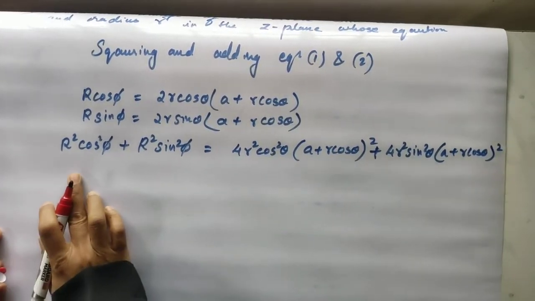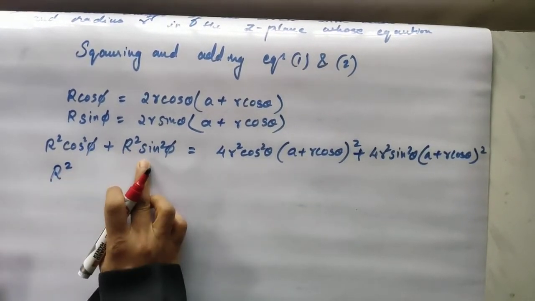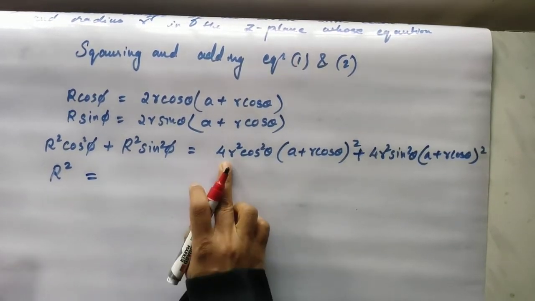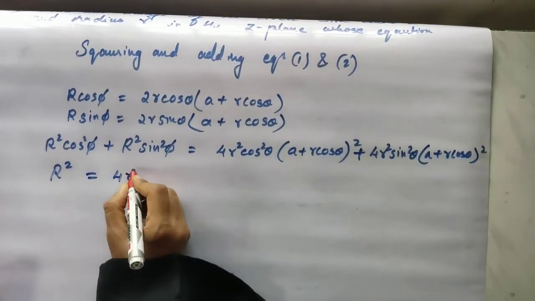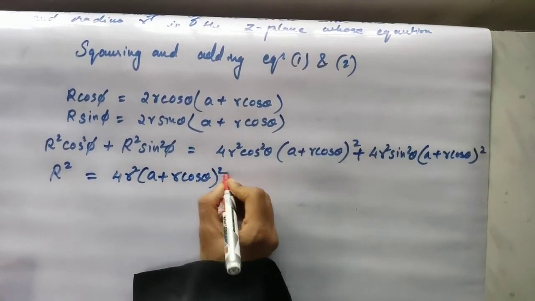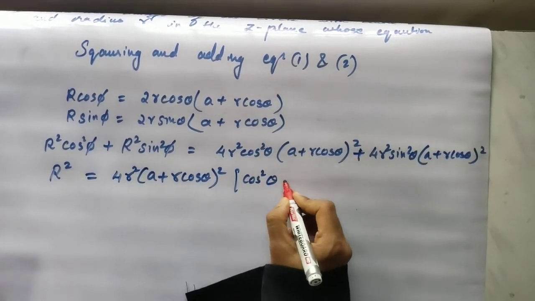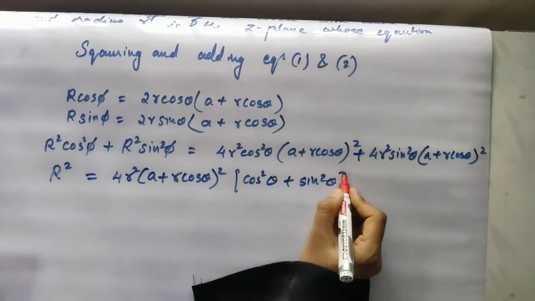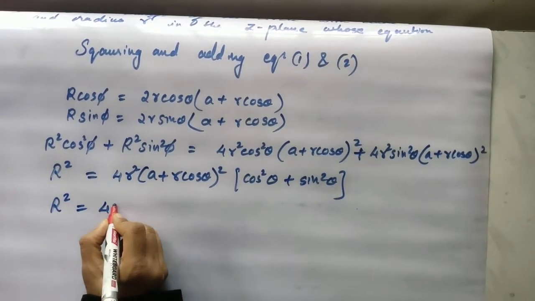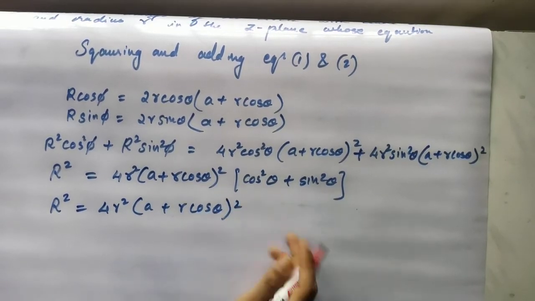From the left hand side take r² common; you get cos² φ + sin² φ, which is 1. Now I can take 4r² (a + r cos θ)² common, and you are left with cos² θ + sin² θ, which is 1. So r² is 4r² (a + r cos θ)².